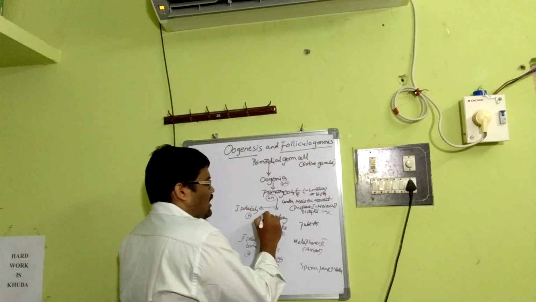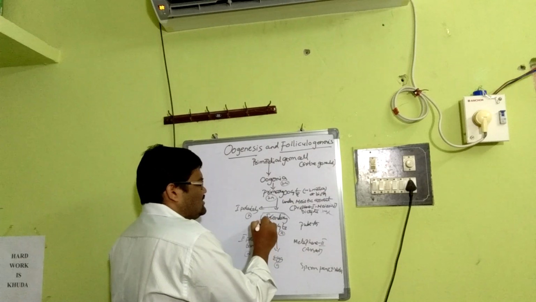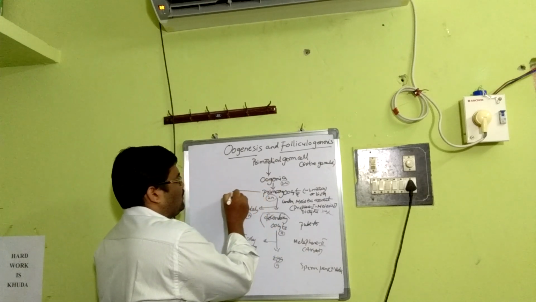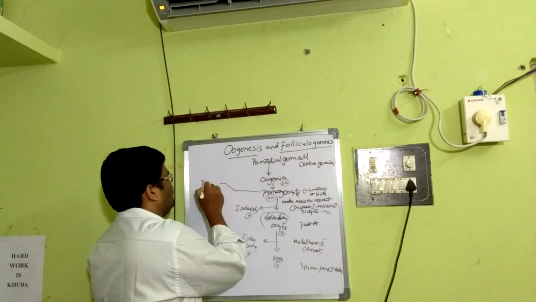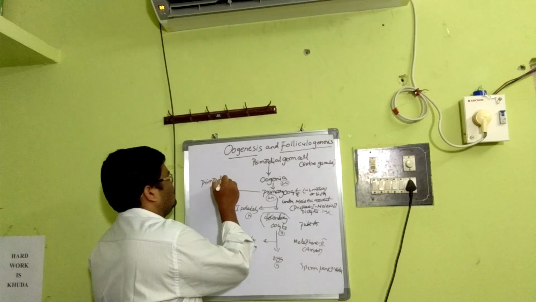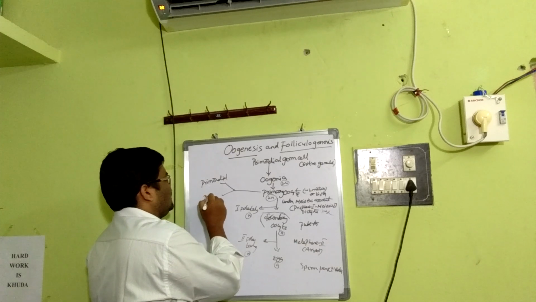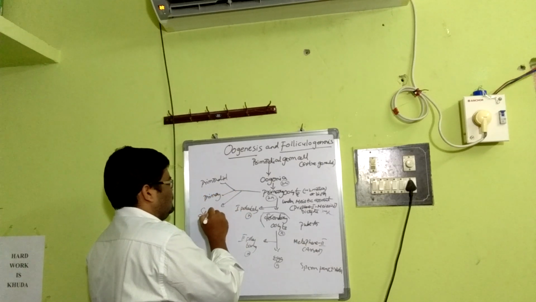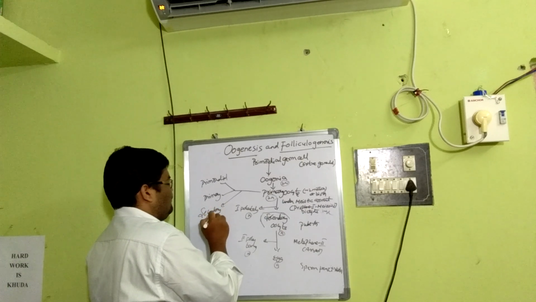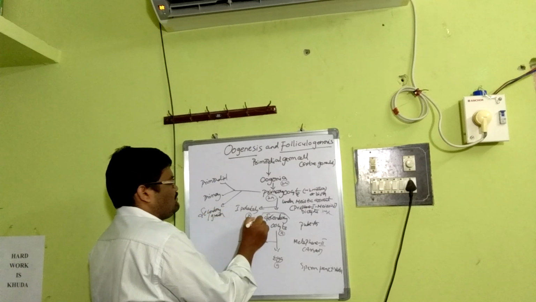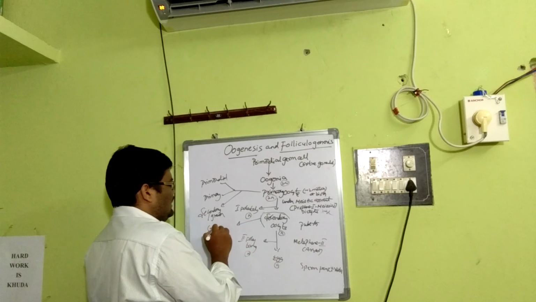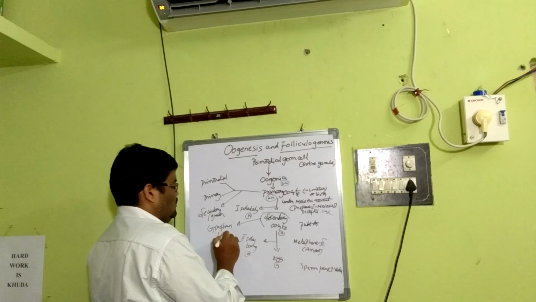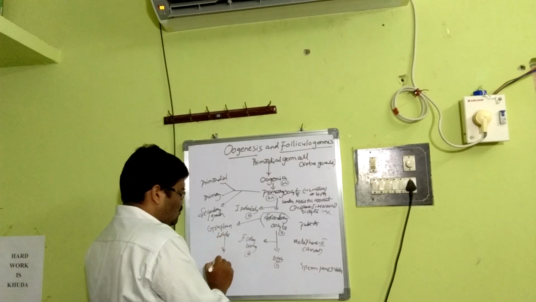Up to the secondary oocyte, the names of the follicles we have to use are with respect to the primary oocyte: the primordial follicle first, then the primary follicles, then the secondary follicles, otherwise called growth follicles. With respect to the secondary oocyte, we use the Graafian follicle. Then it leads to ovulation.